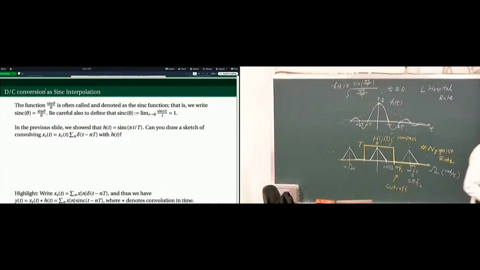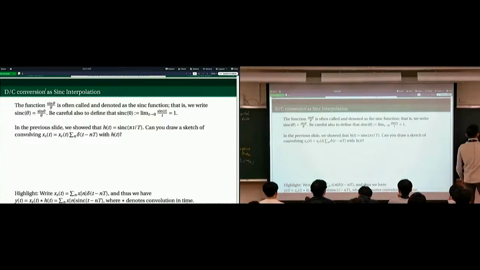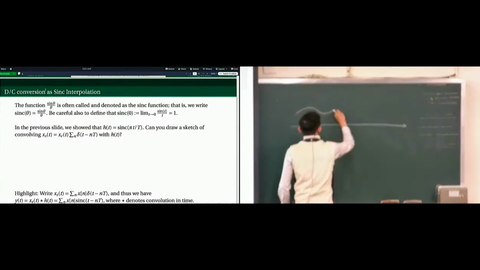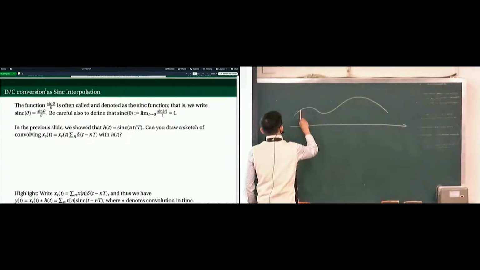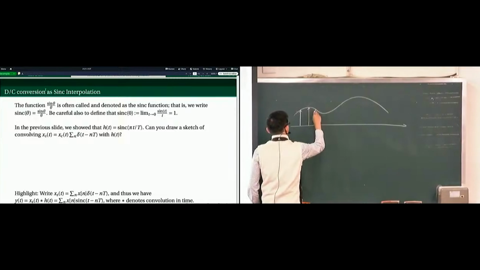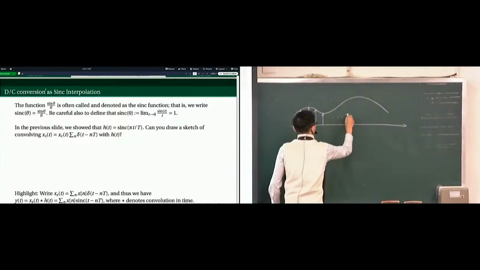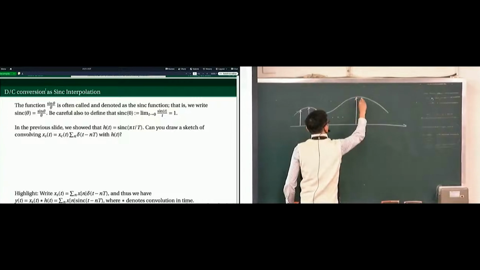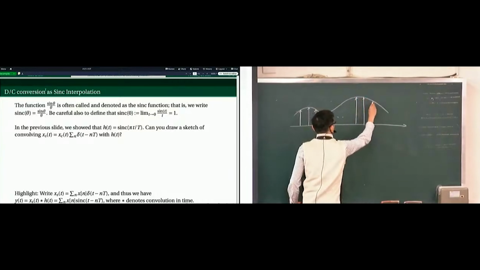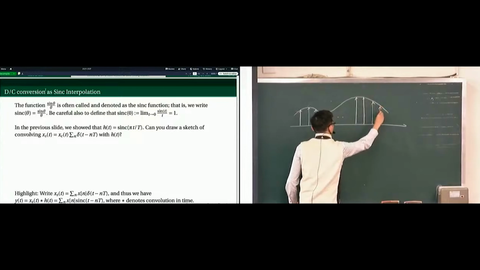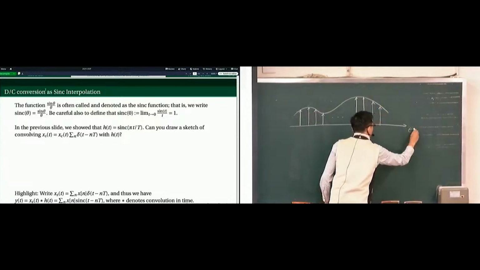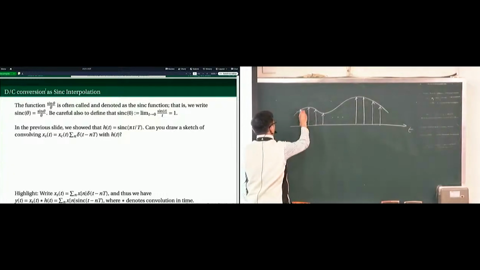The first thing is the spike train, which is the result of sampling a continuous time signal with a fixed period, in continuous time.